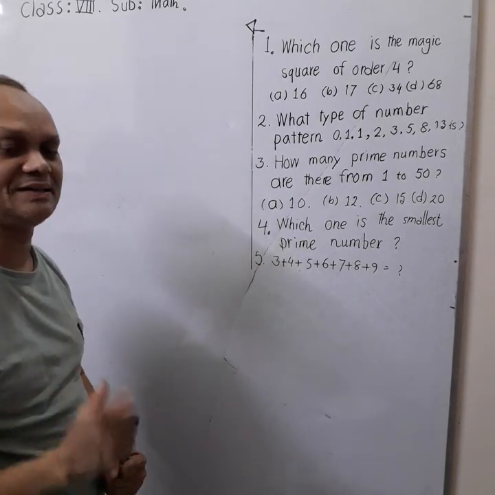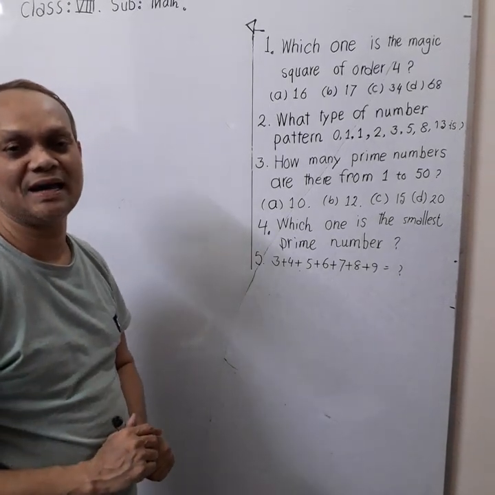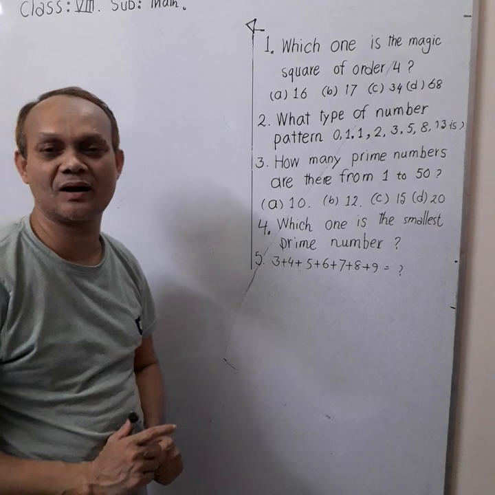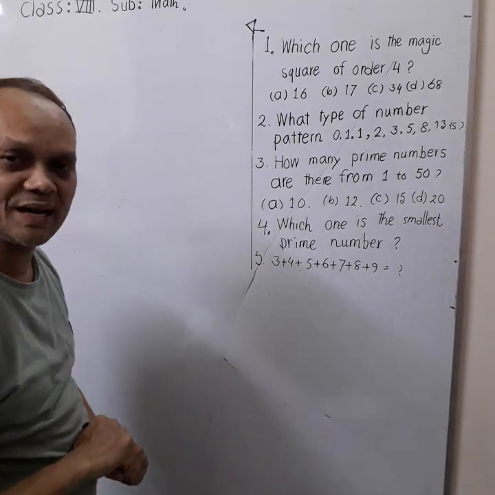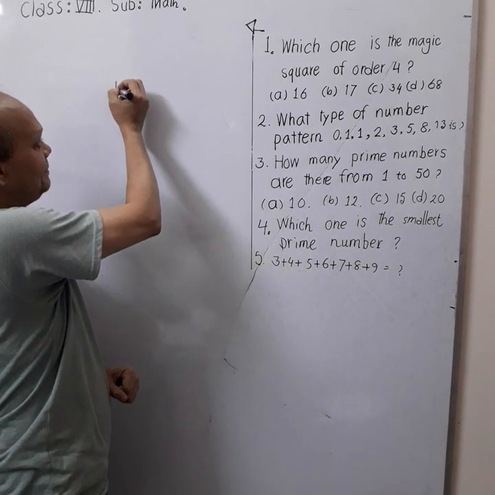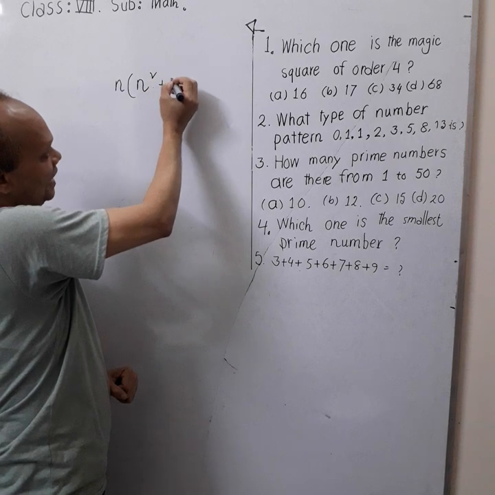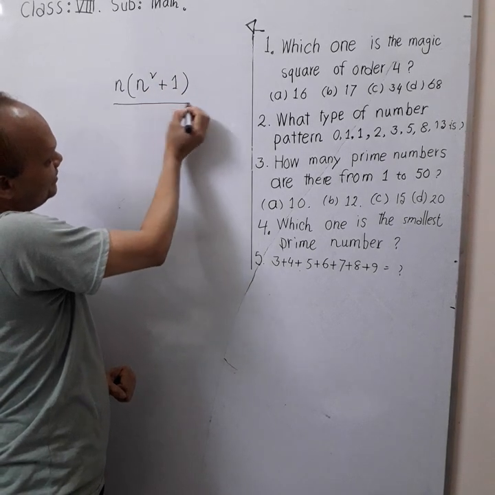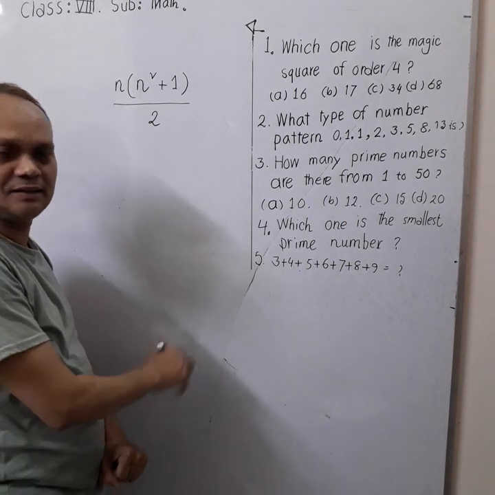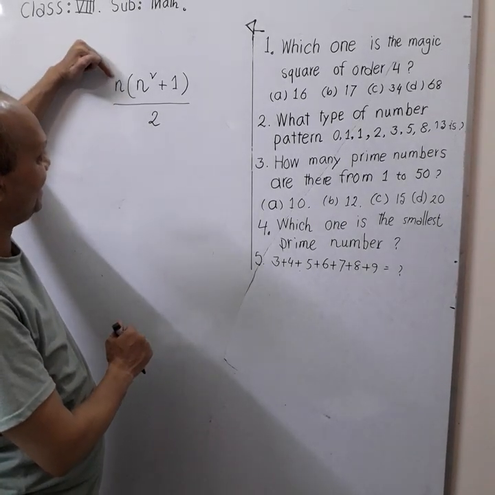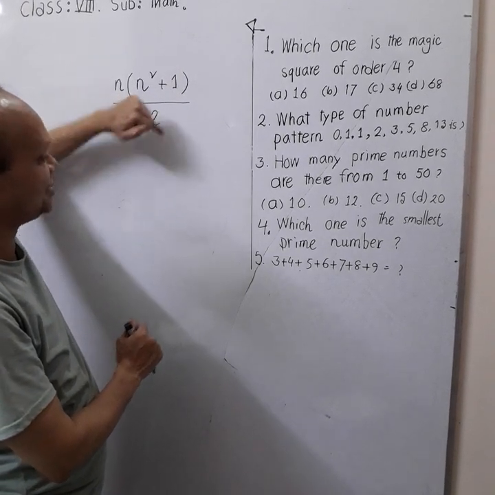But remember, there is a very interesting formula to find the magic number of any square of order 3, 4, 5, etc. The formula is like this: n into (n square plus 1) divided by 2. I think you can see very clearly the formula is n into (n square plus 1) divided by 2.